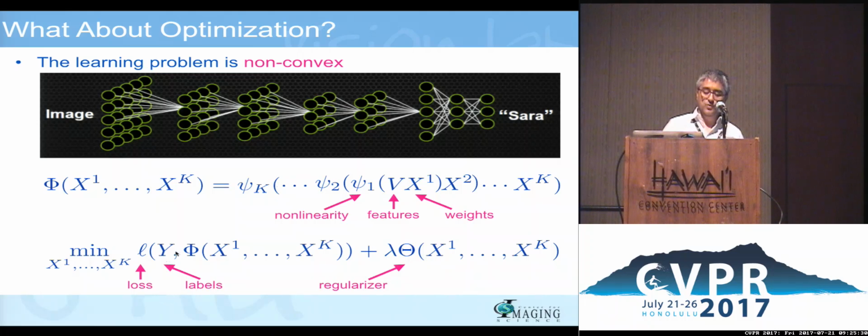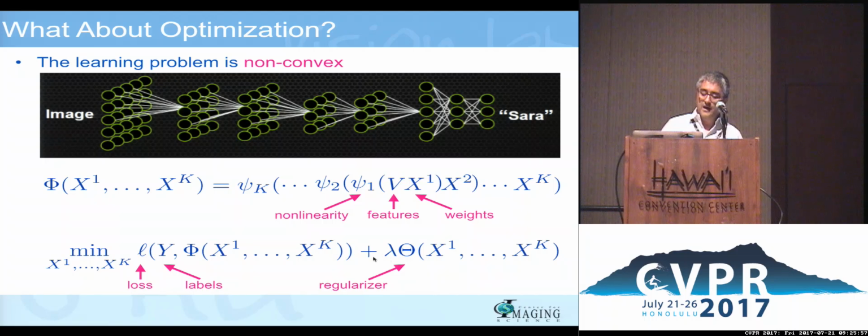Basically, what you do is that you're given a matrix of labels, y, so think of it as 0, 1, depending on whether data point i belongs to class j. And you would like to compare that matrix of labels with the output of the network according to some loss. The typical loss might be the sum of the squares of the prediction errors, or it could be the entropy loss, whichever your favorite loss might be.